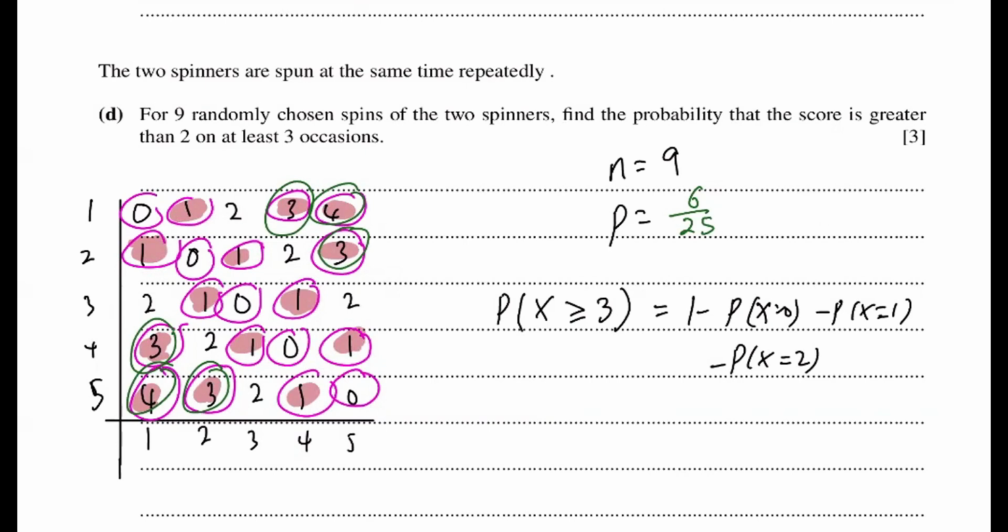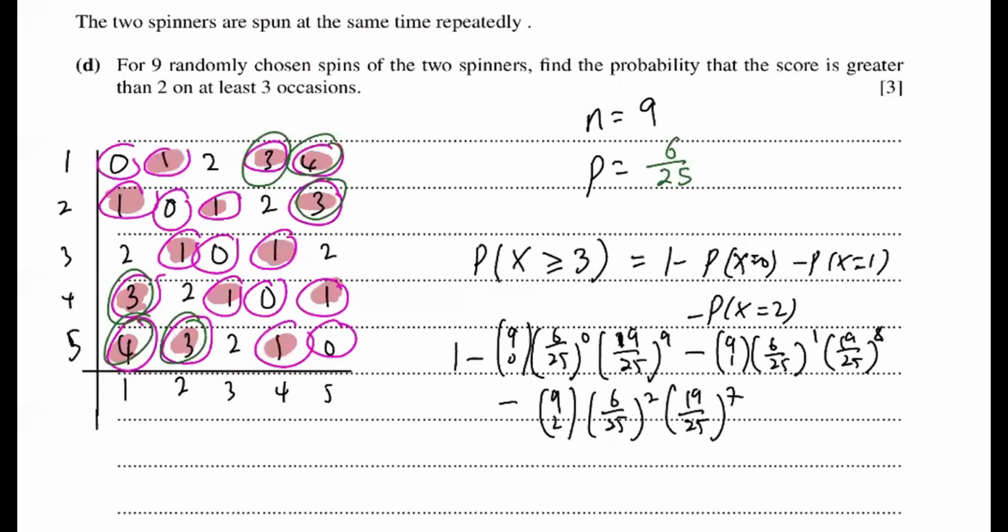Then you count, you write down the working. So you count every single number, then you can get your answer. So the answer is 0.371. Okay, done.